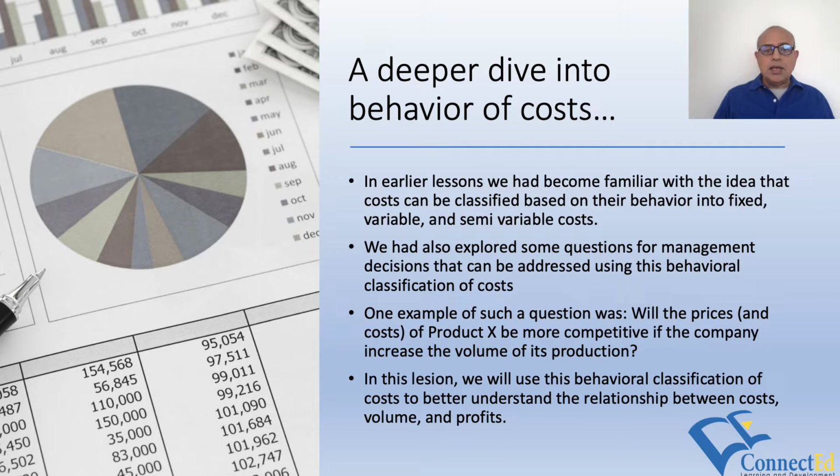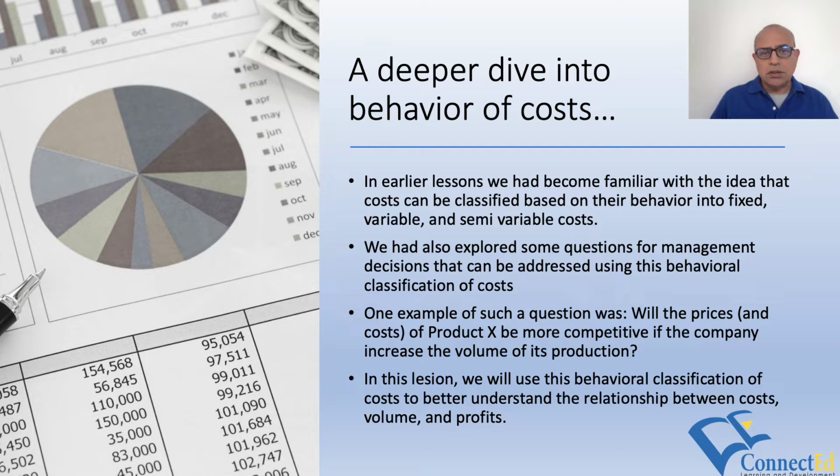So in earlier lessons, I had told you that costs can be classified into fixed, variable, and semi-variable, and there are many management decisions that can be addressed using this classification of cost. One example is, will the prices of a product, let's say product X, be more competitive if the company increased the volume of production?